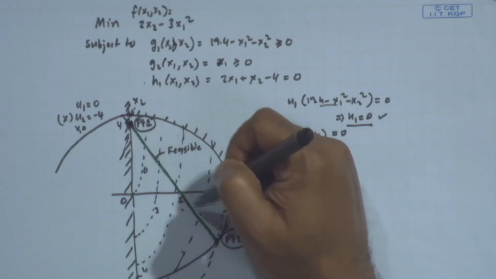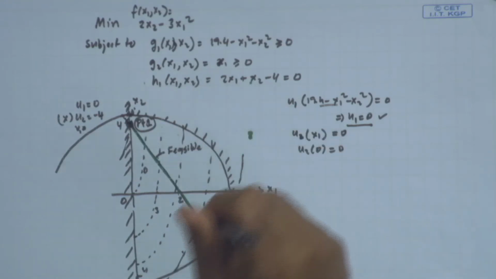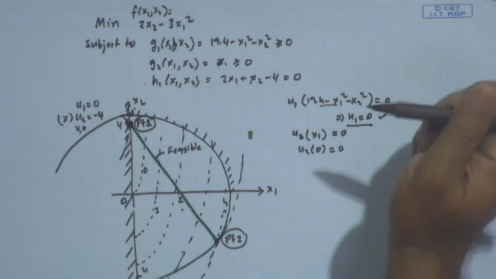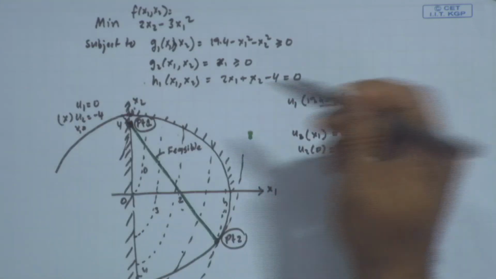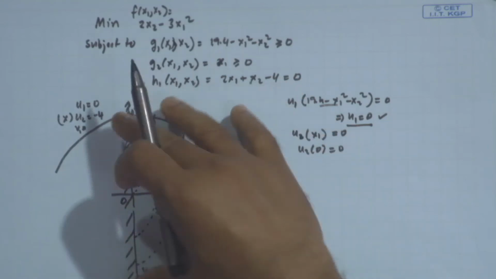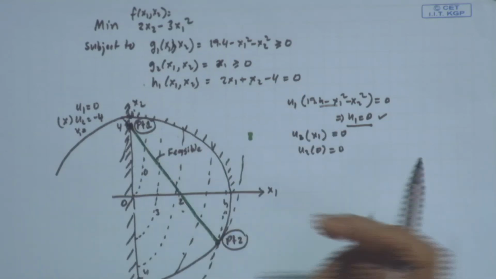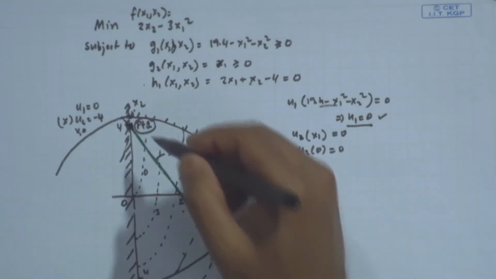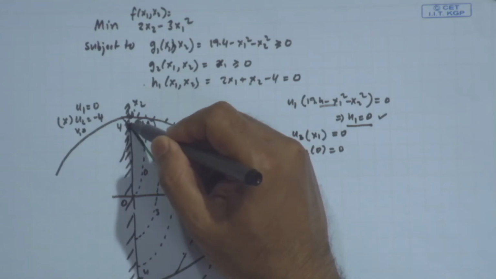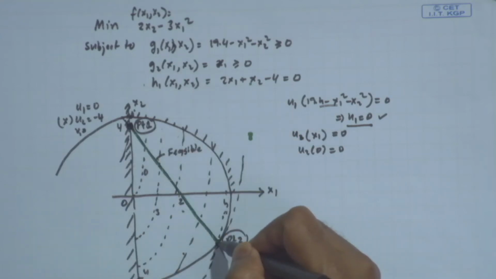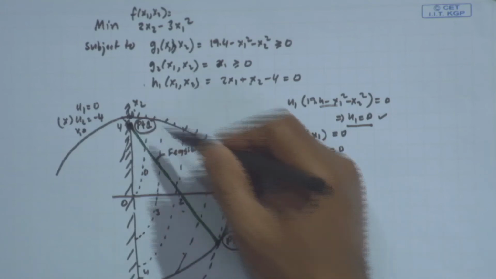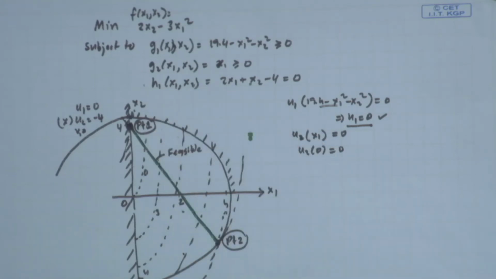Here is that line. Now since every point on the circle has to be feasible, and the two inequality constraints make this half feasible, so where is the feasible region? Only the line going from this point to that point. That's this green line that I've drawn. That's the feasible region.